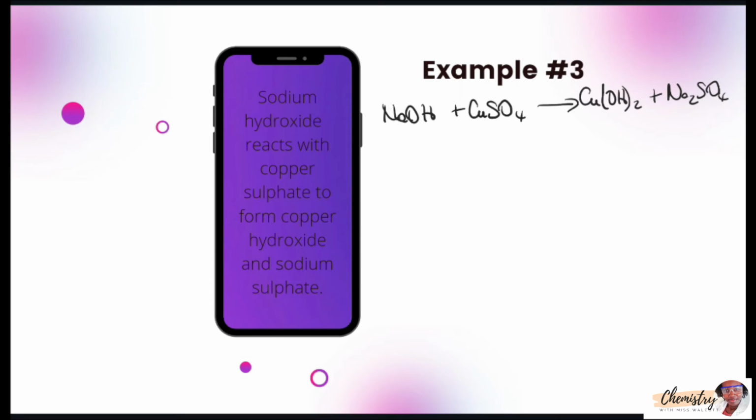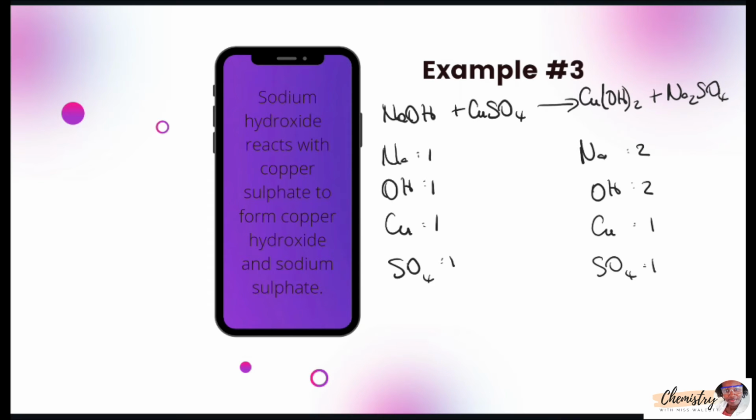Let's balance it. When balancing equations that have polyatomic ions, check to see if the ions exist on both sides of the equation. So I have the hydroxide ion on the reactant and on the product side, so I'm going to keep it together as a group. Same for sulfate. I can identify the sulfate ion on both sides of the equation, so I'm going to keep that sulfate together as a group.